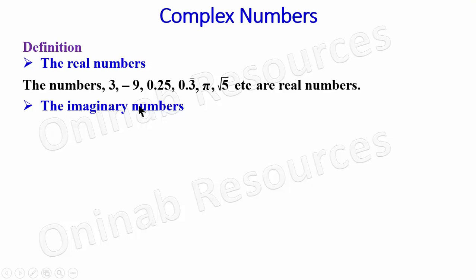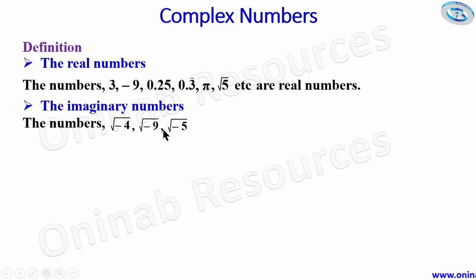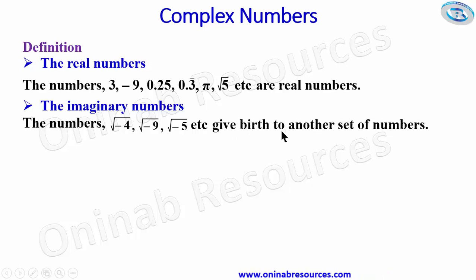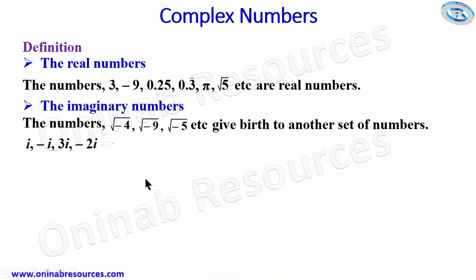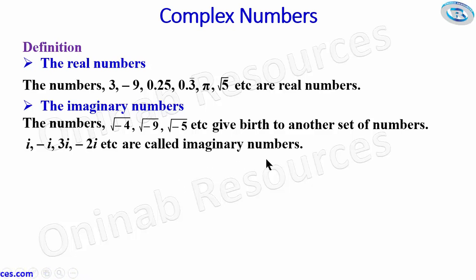Also, we look at the imaginary numbers. The numbers square root of -4, square root of -9, square root of -5, and so on give birth to another set of numbers. i, -i, 3i, -2i, and so on are called imaginary numbers.